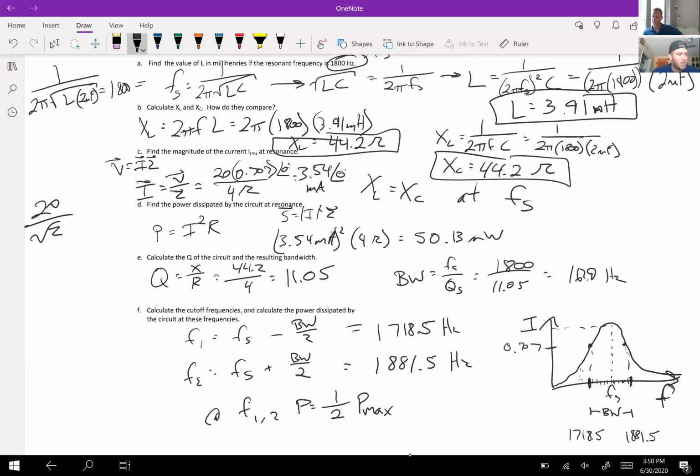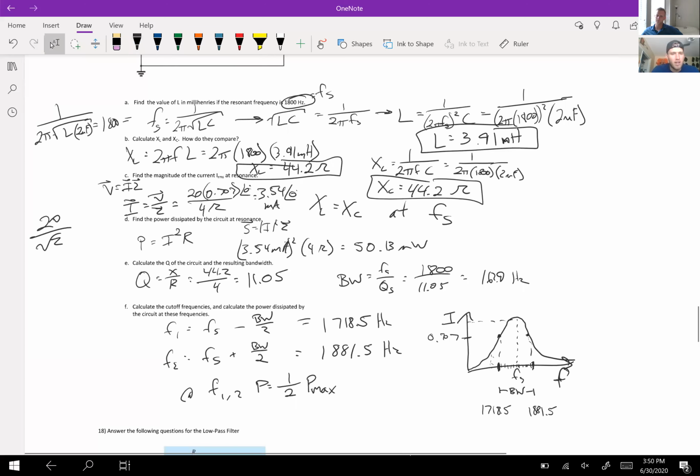I keep trying to find the RMS and I do the 20 over √2 and I keep getting a different number than that. Yeah, so 20 over √2 would give you 14.14. And then we divided that, because it's 20 times 0.707.